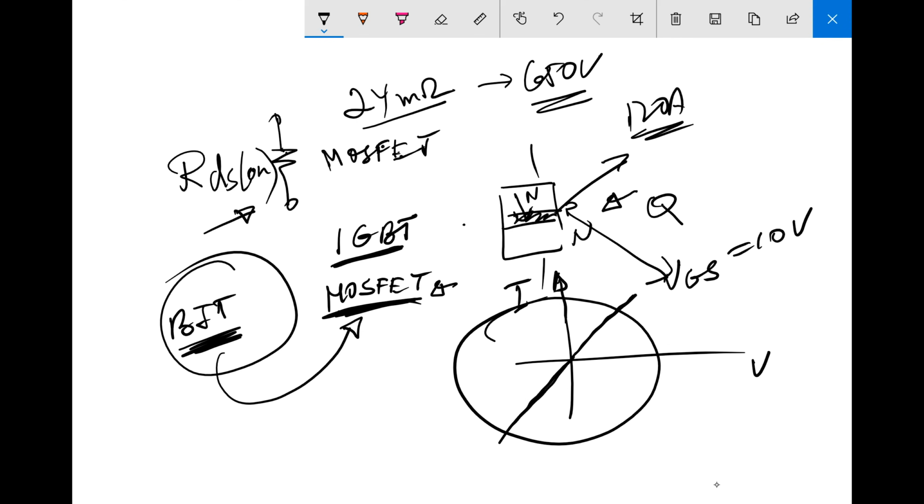So the slope here corresponds to 24 milliohms. This is voltage over current, and it's bipolar. That is, you can pass positive or negative current, the same way. The higher the current, the higher the voltage drop.